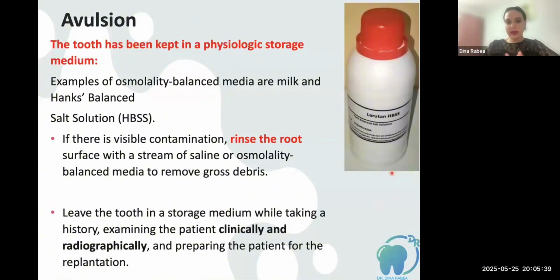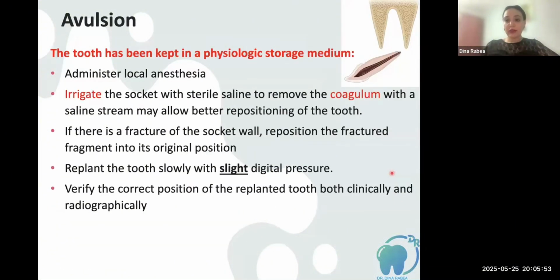At that time, you have to clean the tooth, clean the socket, and again, replant, stabilize, and so on. So if there is a visible contamination, you have to rinse the root, most of the time agitated in the balanced media, and then put it back after cleaning the coagulum from the socket, making sure the socket is clear enough so that you can put the tooth back to its previous position.